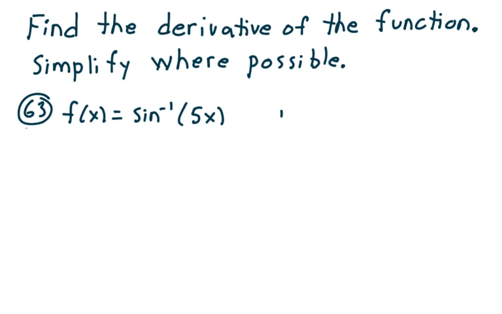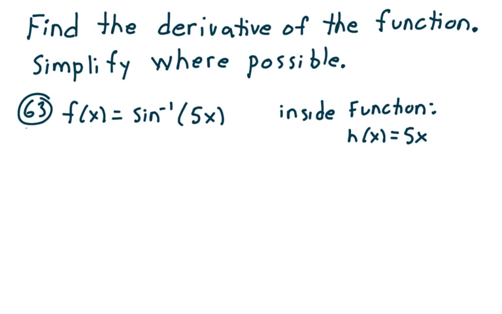Now, remember here that the inside function is the argument of the arcsine. So in other words, the inside function will be, we'll call it h of x is equal to 5x.